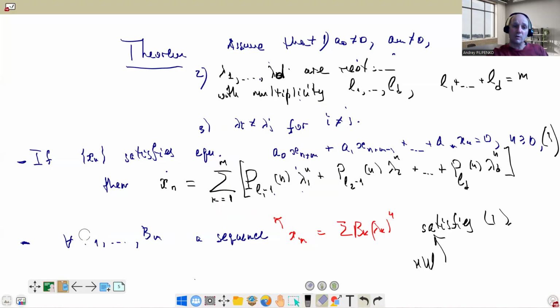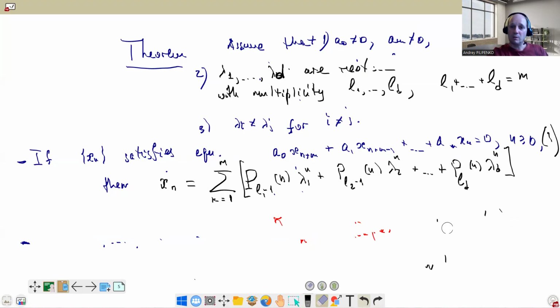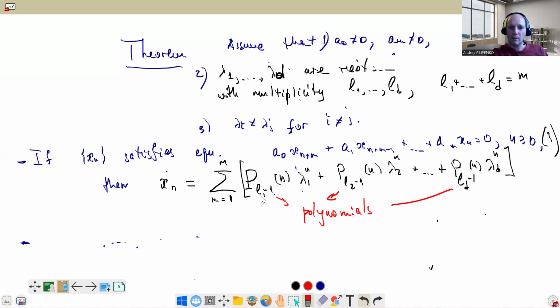And the second part of the theorem is similar. These are polynomials, and this is the degree of the polynomial.